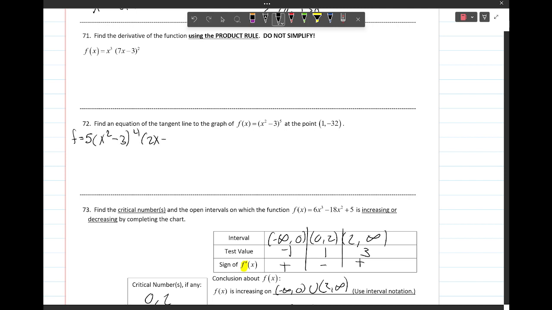Derivative of the inside. The value, then we want to evaluate at the x that is given in the problem.